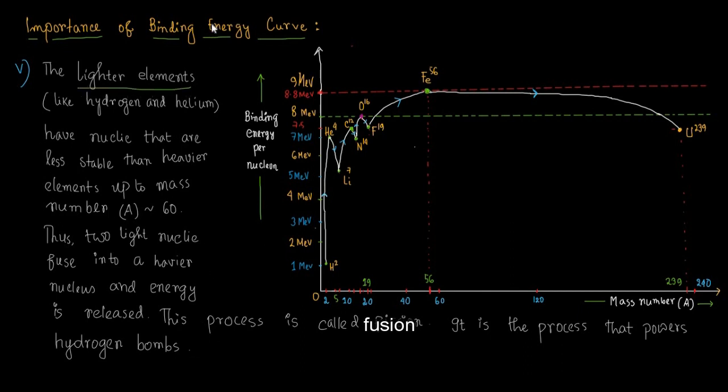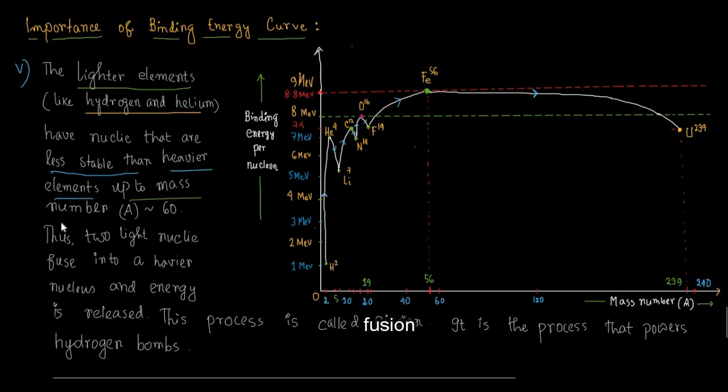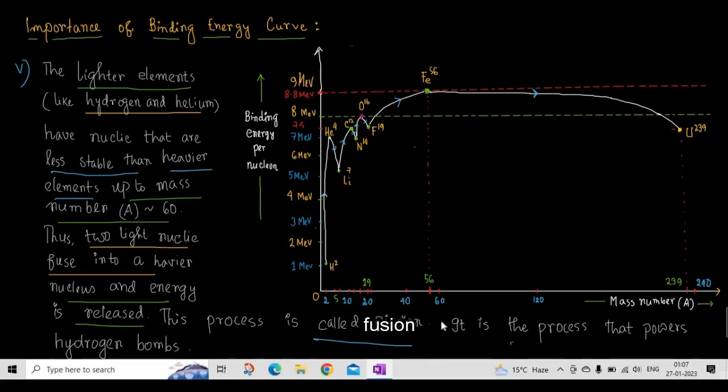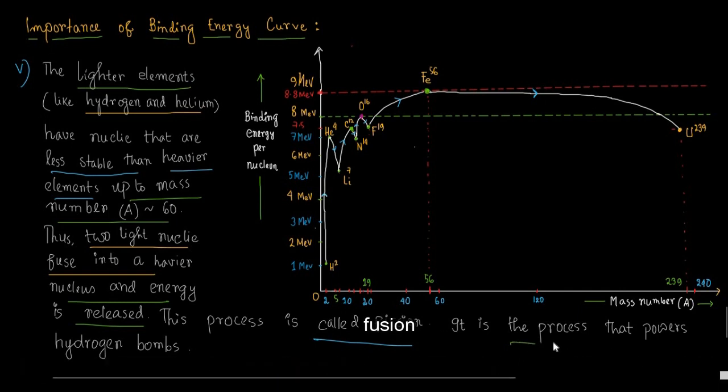Again, lighter elements like hydrogen and helium have nuclei that are less stable than the heavier elements up to mass number A equals 60. That's why two lighter nuclei fuse into a heavier nucleus and energy is released. This process is called nuclear fusion, and it powers the hydrogen bombs.